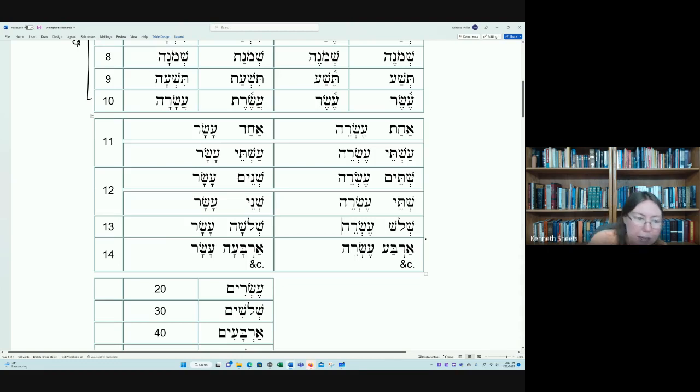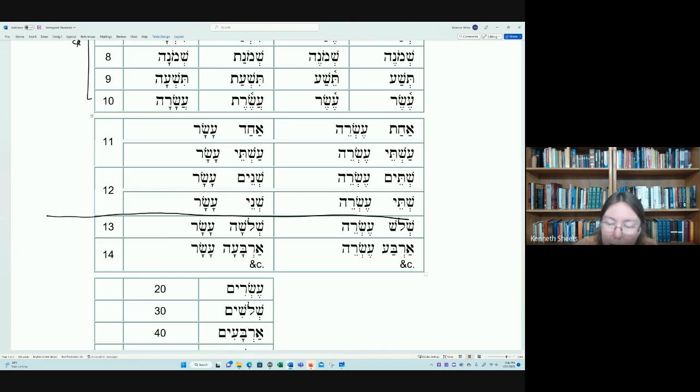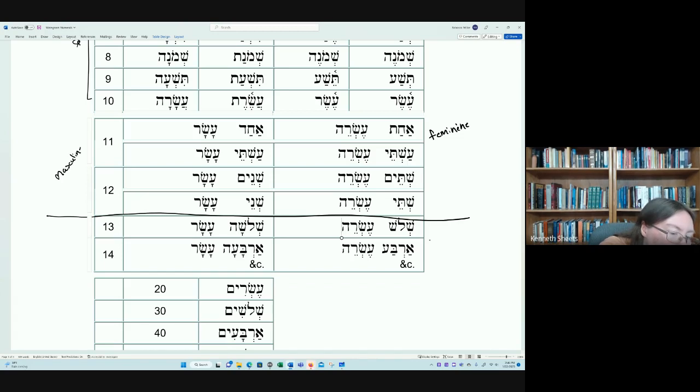So notice again, just like what we saw up above, for 11 and 12, the gender matches. So that idea of feminine and masculine. But then down here, the gender has flipped again. And you can see that there's that ending there.